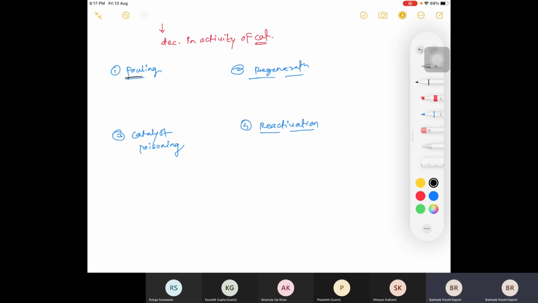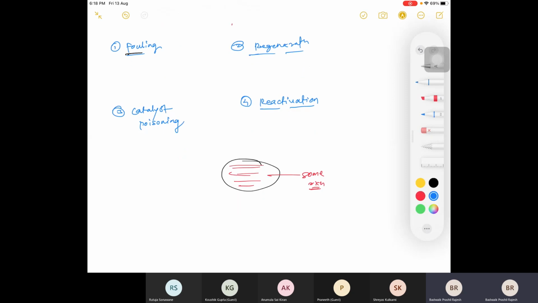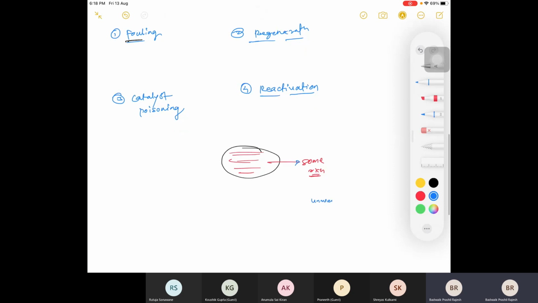Okay, so suppose I am having a catalyst and I am using this catalyst in some reaction. Suppose there is a reaction, and because of that reaction there is formation of some unwanted product.